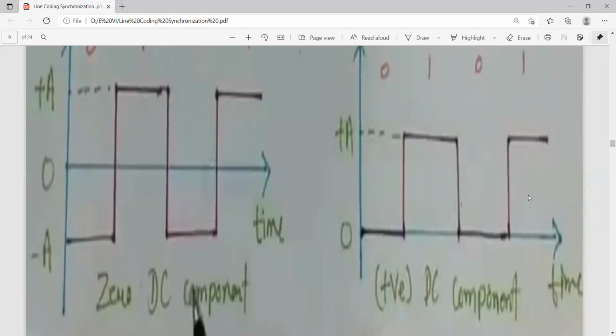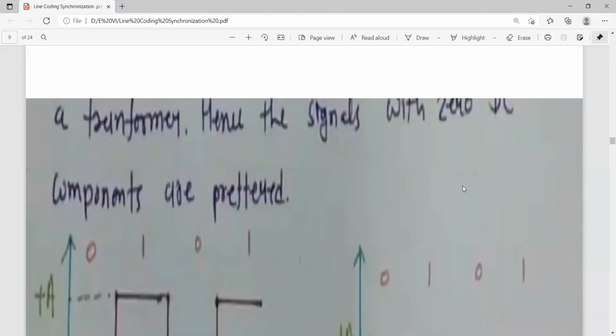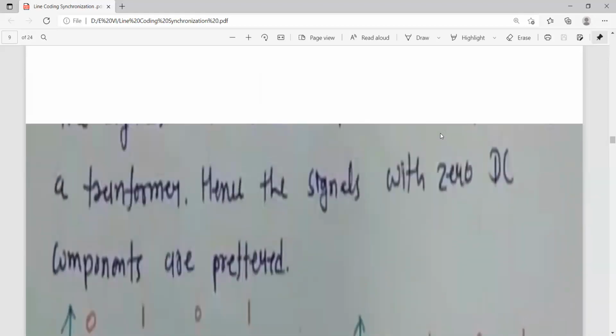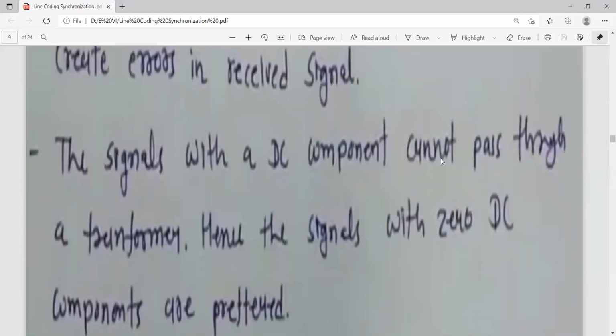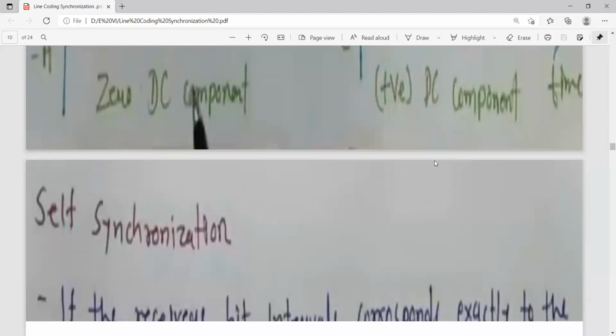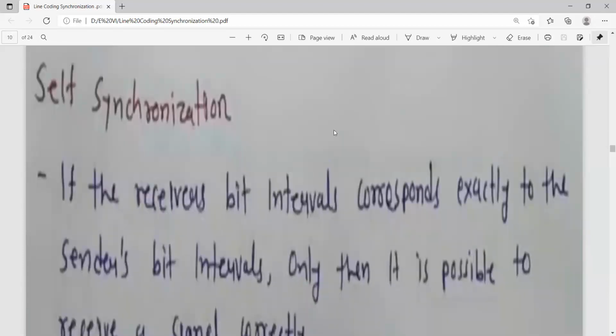This type of signal has a DC component, so the signal in this format, with zero DC component, is preferred. The signals with a DC component cannot pass through a transformer, hence signals with zero DC components are preferred.